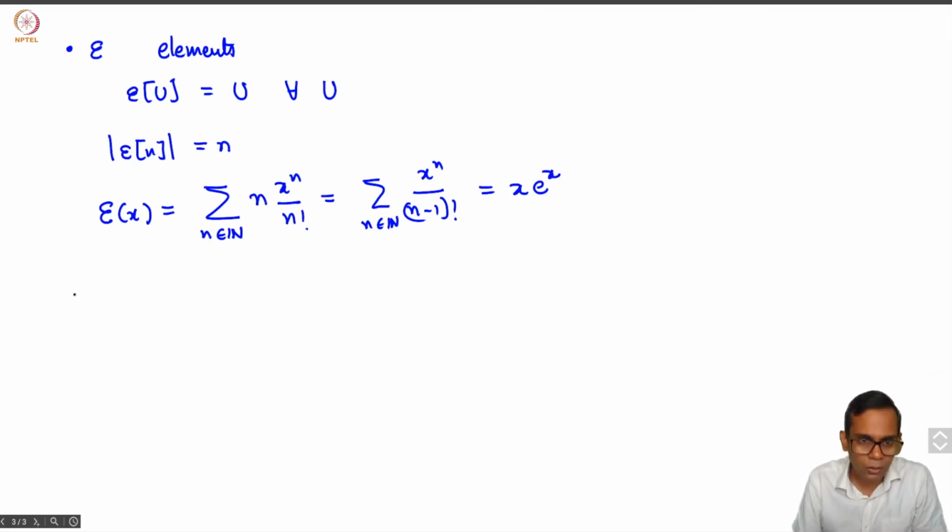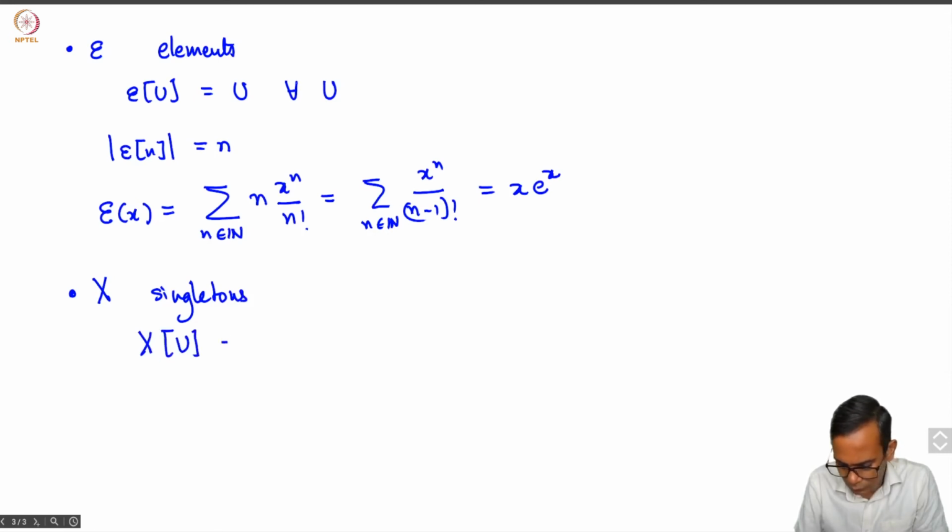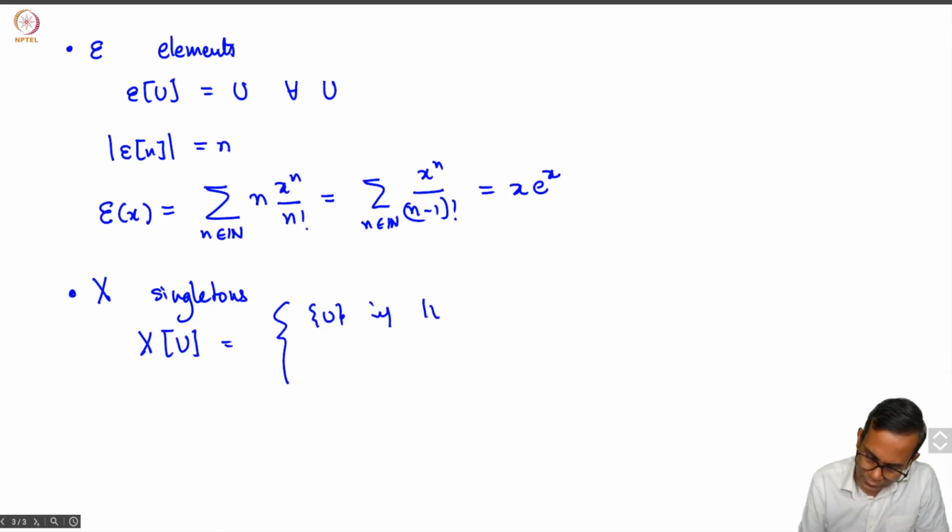Recall the species X, the species of singletons. And what we defined is that X of U is equal to U if the cardinality of U is 1, and the empty set otherwise.